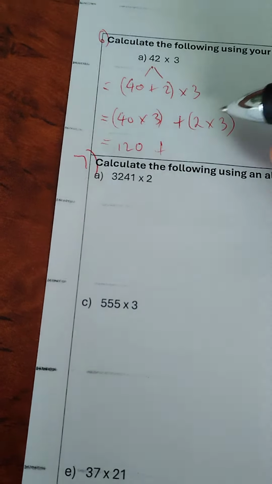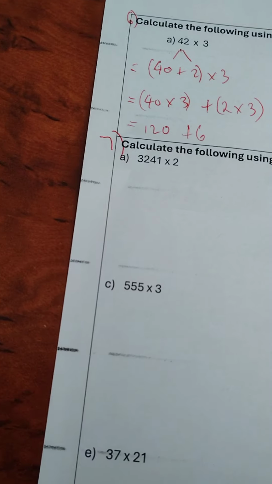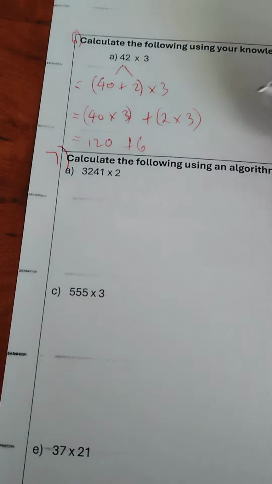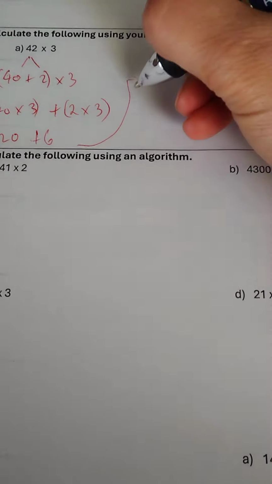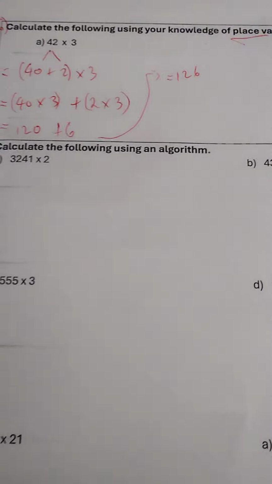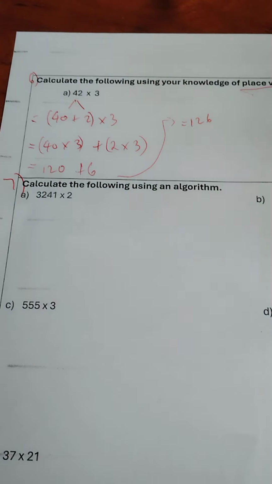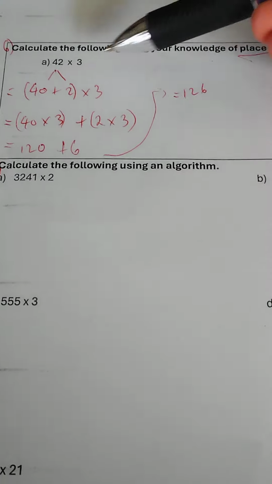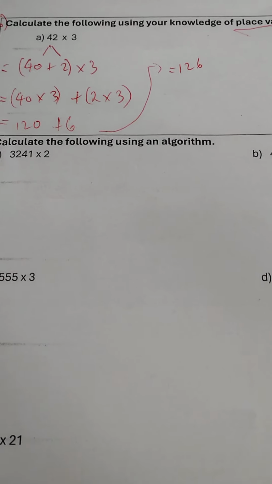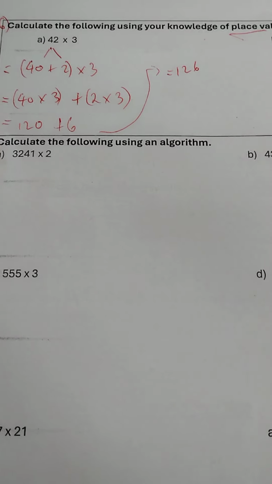Plus is still in the middle. 2 times 3 is 6. And now what's 120 plus 6? 120 plus 6 is just 126. So whenever we have questions like this in real life, it's a way to work it out mentally, just to break it down in an easier way.